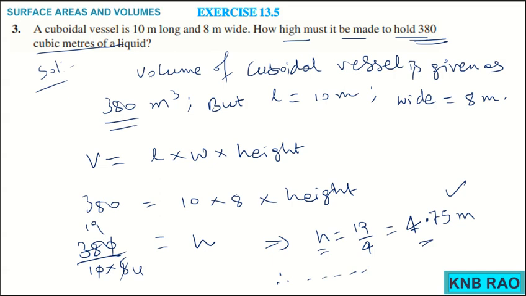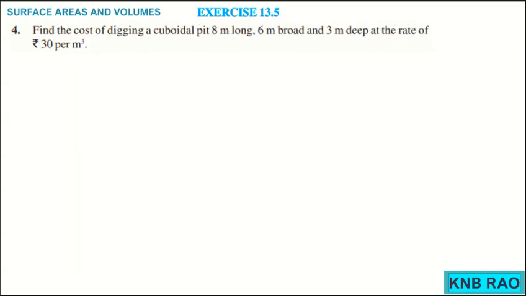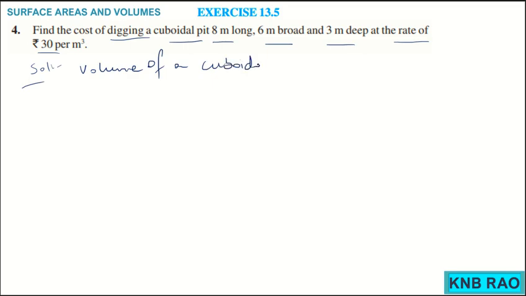Now moving on to question number 4. Find the cost of digging a cuboidal pit 8 meter long, 6 meter broad and 3 meter deep at the rate of rupees 30 per meter. So in this question also, first you have to find out volume of a cuboidal pit.